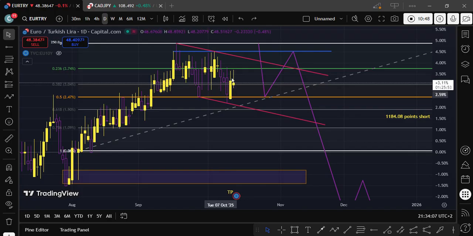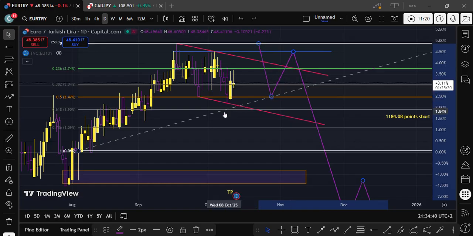This pullback was slowed down by the pullback on the euro as well. So both currencies were getting weaker together. That's why we didn't have a spike that goes all the way up there. That's the power of trading high risk currencies. When the spike comes, they cushion each other to a point that the pullback is not really that big, because both currencies get weak when the volatility index gives you a spike and the JPY also creates a spike.